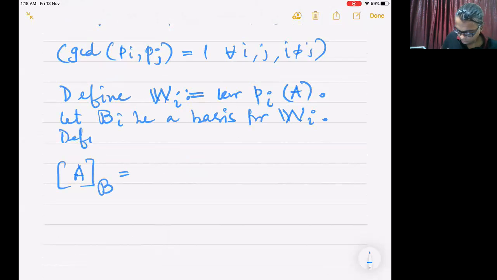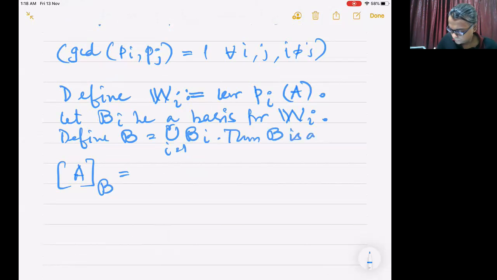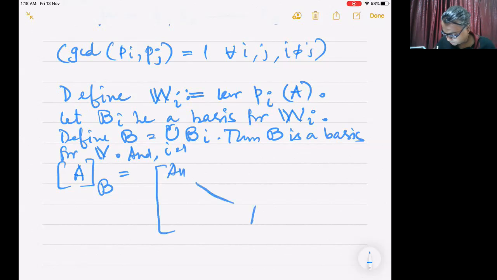Define B as the union over i going from 1 to R of Bi. Then B is a basis for the whole space V, and A's representation in this basis is going to be block diagonal: A11 up to ARR, and all the other blocks are zeros.